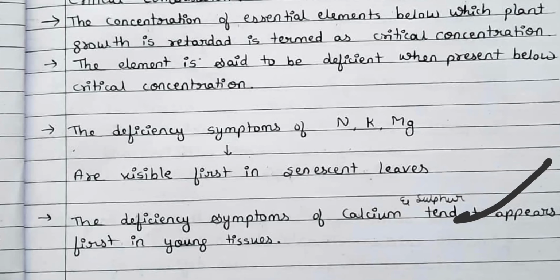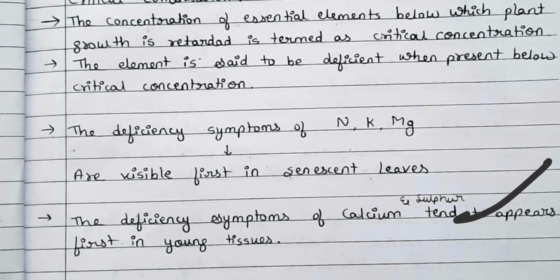Now, the parts of the plant that show deficiency symptoms depend on the mobility of the element in the plant also, not only because the soil has the element deficiency.